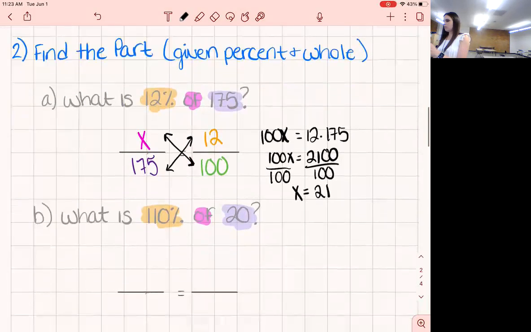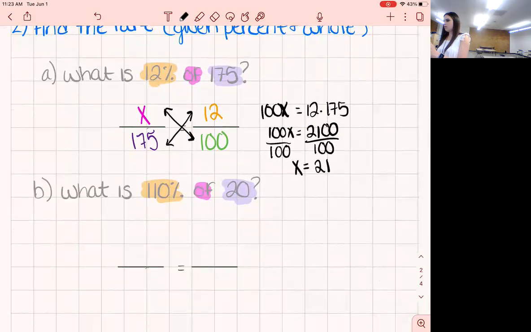Okay, let's do another one, copy it down. Again, I highlight to help me so I know that I don't know the part. The whole is 20. The percent is 110. Percents can be more than 100. It just means that our answer is going to be bigger than the whole. And then our bottom is always 100. Cross multiply.